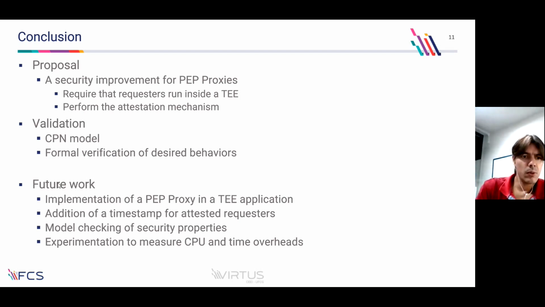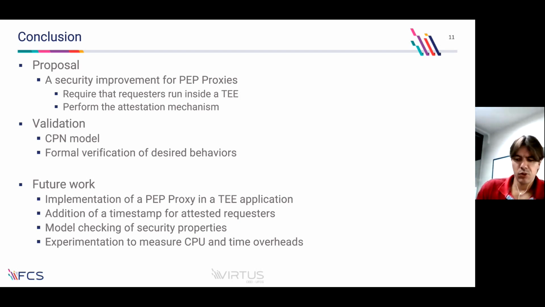For future work, we are suggesting the implementation of a policy enforcement point proxy inside a trusted execution environment application. The addition of a timestamp for attested requests. This will allow that once a consumer is attested, we don't need to perform the attestation process during some period of time.